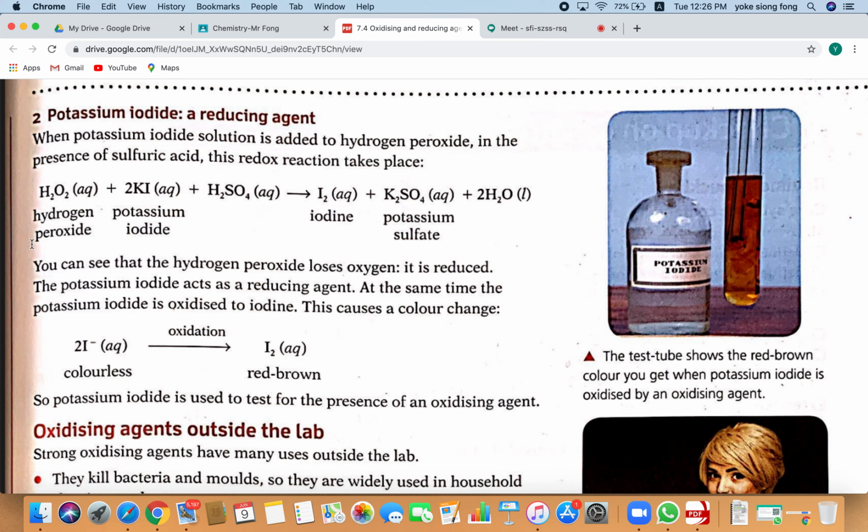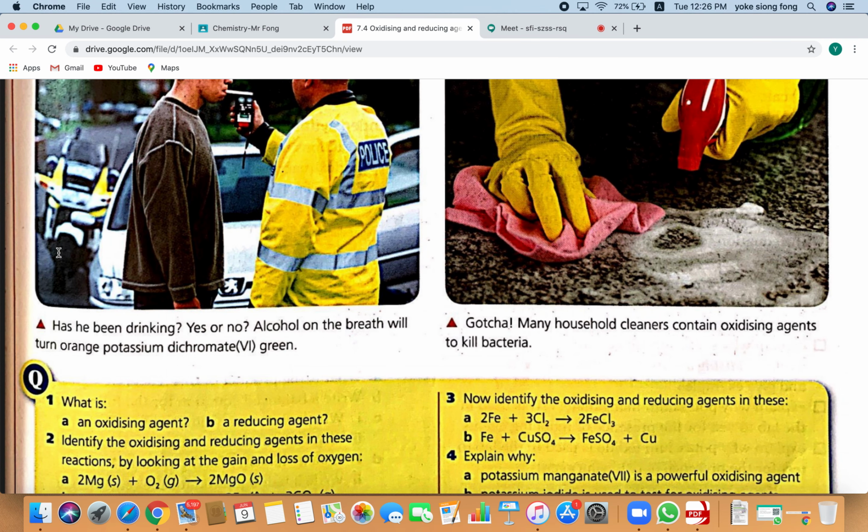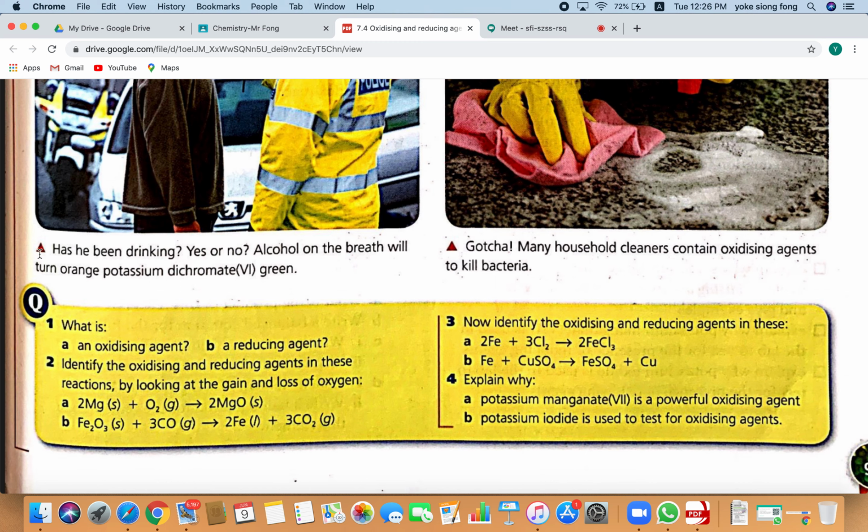Basically, we must use a reducing agent to detect an oxidizing agent. If I want to check for an oxidizing agent, I must use a reducing agent. If you want to check for a reducing agent, you must use an oxidizing agent. It must be the other way. Okay, so the answer is already there. So I stop first.